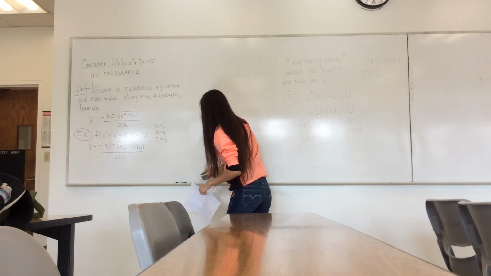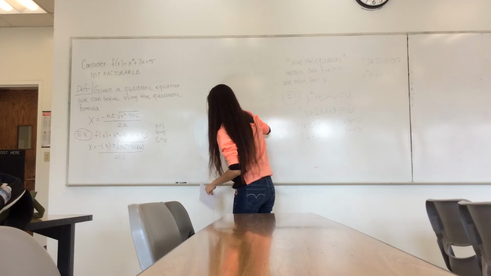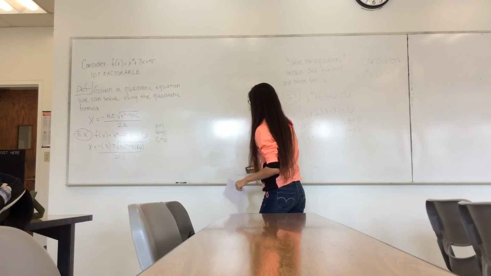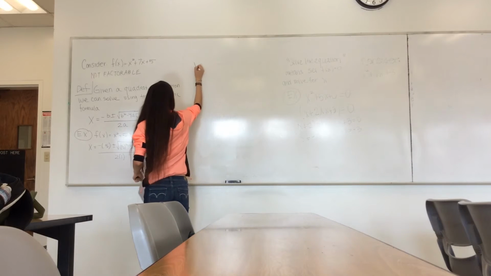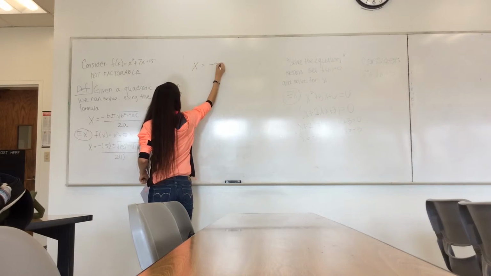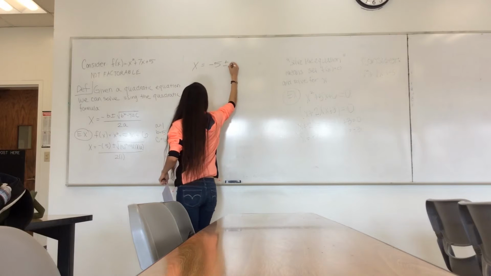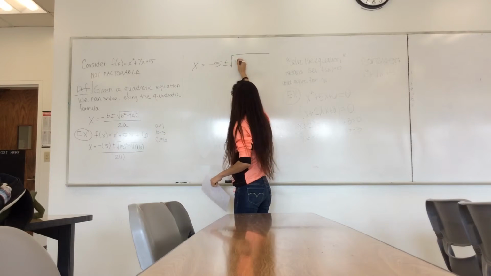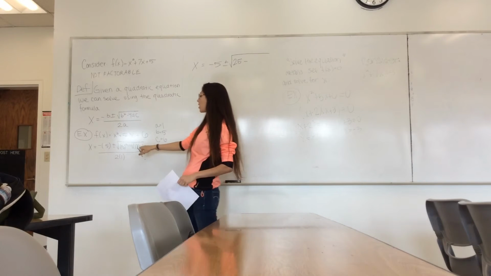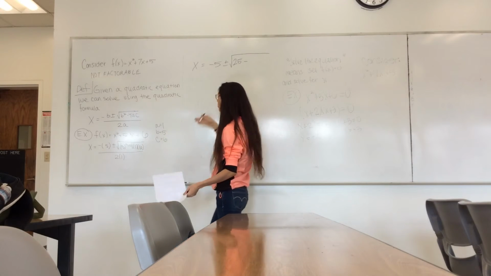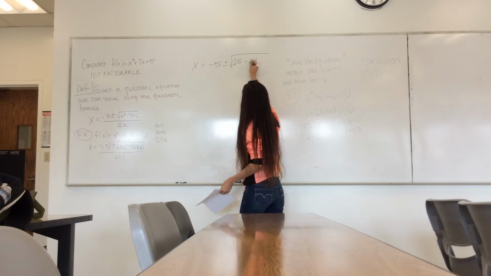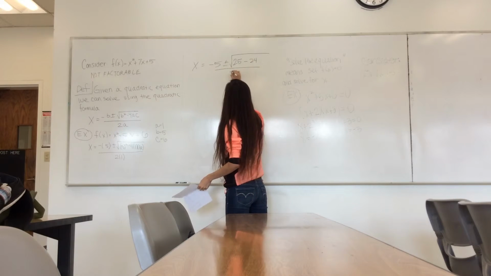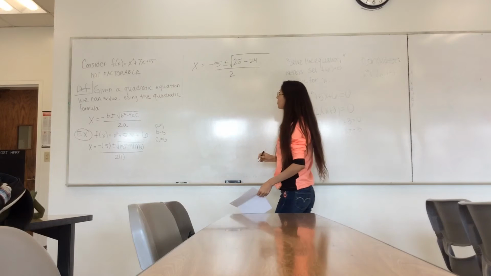Looking at what's under the square root sign, we have 5 squared is 25 minus 4 times 1 times 6, that's 24, all over 2 times 1, which is just 2.